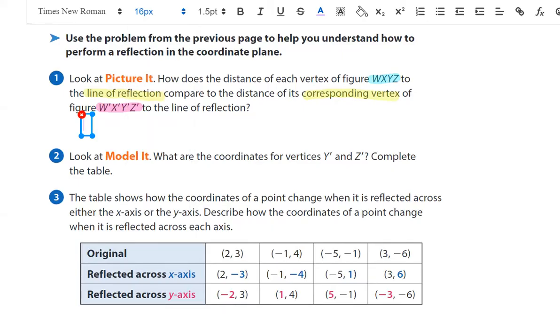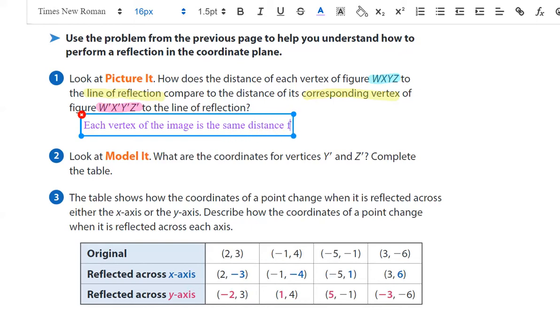There we go. Okay, I'm going to say each vertex of the image, remember image means the copy, is the same distance from the line of reflection as the corresponding vertex of the original figure.